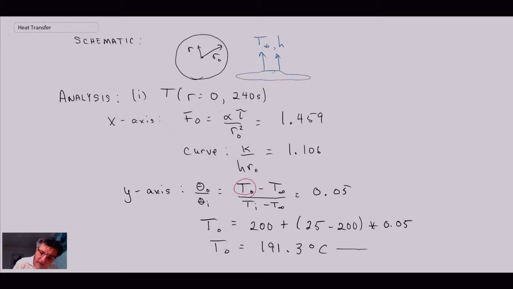We get 191.3 degrees C. When we did this using the approximate solution from the last segment, we calculated 192.1 degrees C. So you can see we're pretty close. We're a little bit lower with the Heisler chart than we were using the approximate analysis. But that gives us the result for the centerline temperature after 4 minutes.